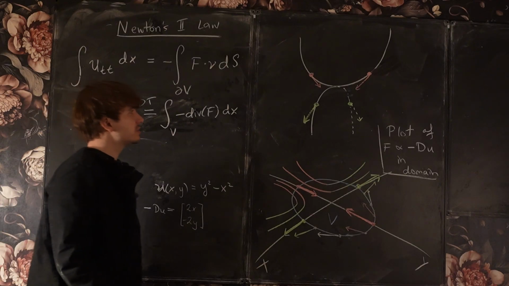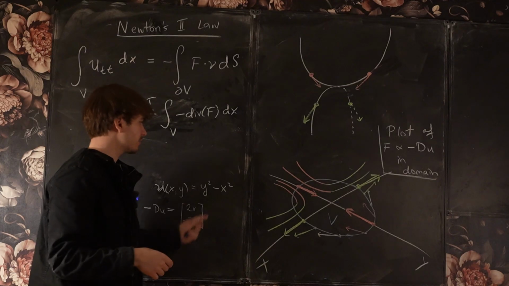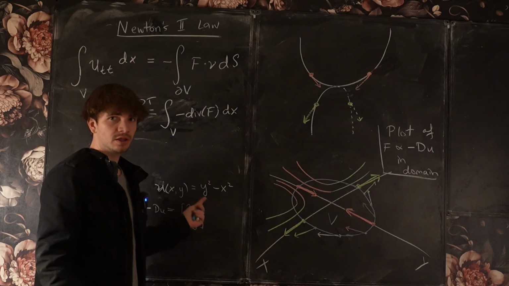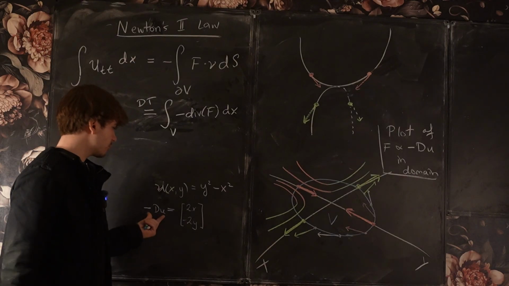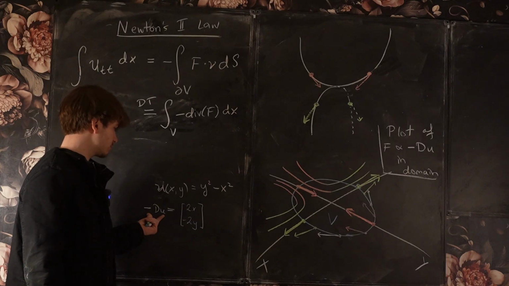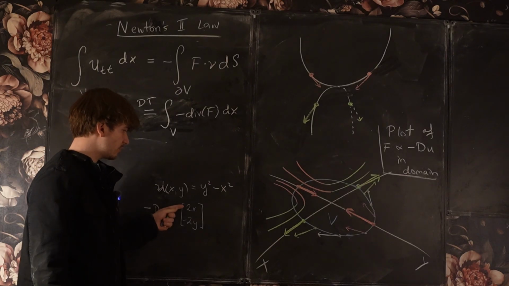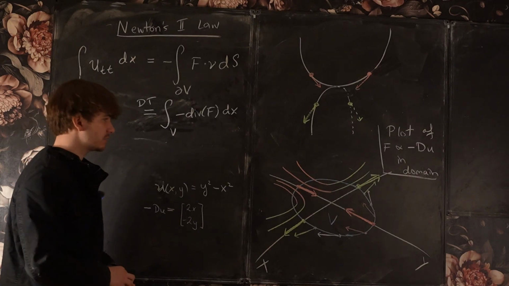So we have principal directions. The principal direction of negative curvature is the x direction. The principal direction of positive curvature is the y direction. And the negative gradient of u, which is proportional to our contact force, is what we're assuming, is going to be the vector with components 2x and negative 2y respectively.